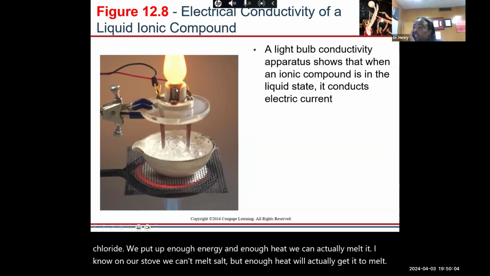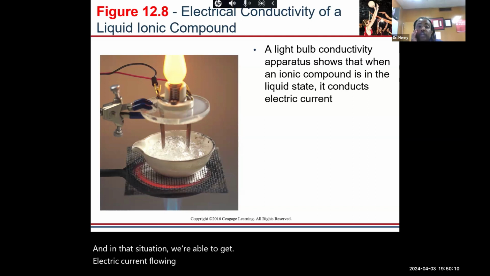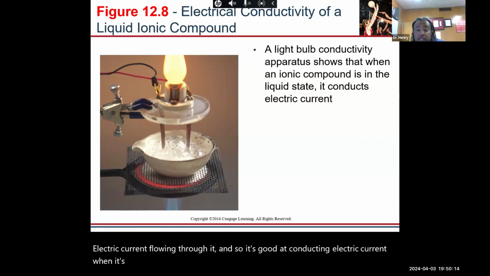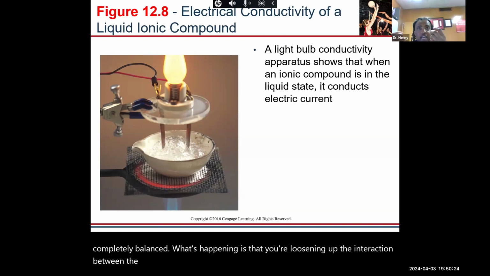And in that situation, we're able to get electric current flowing through it. So it's good at conducting electric current when it's melted. When it's a solid, it doesn't conduct electricity, okay? Because it's completely balanced. What's happening is that you're loosening up the interaction between the positive and the negative, and that allows it to kind of reorganize itself with the electrons and pass on the electron.